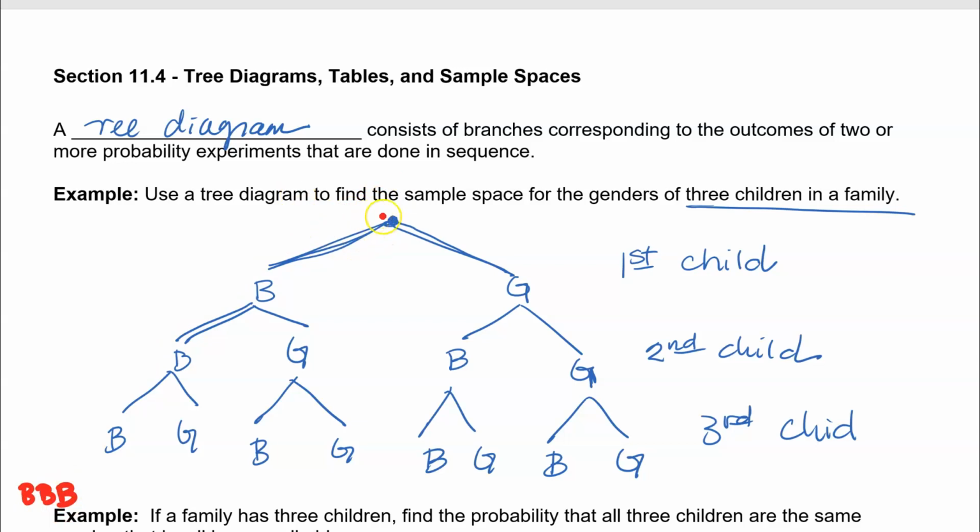You could have a boy, boy, girl would be the second one. Okay. You could have a boy, girl, boy. You could have a boy, girl, girl. They could have a girl, boy, boy.